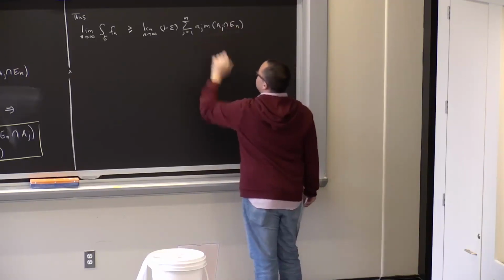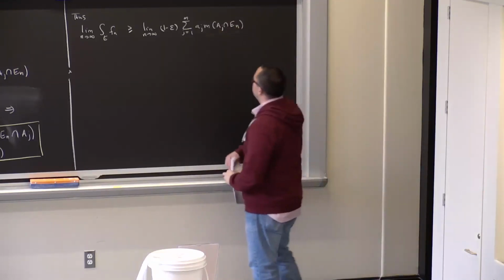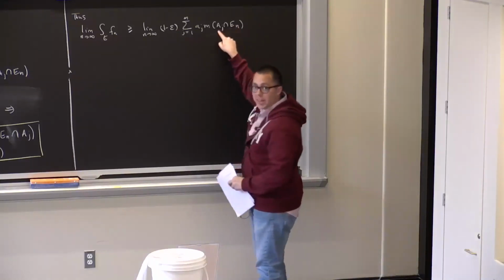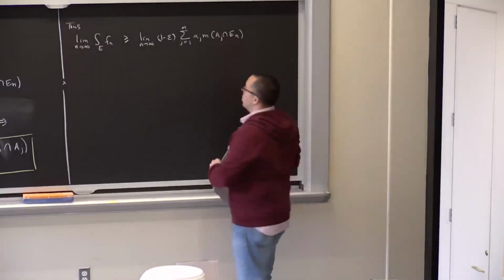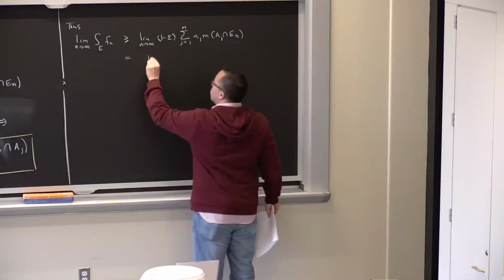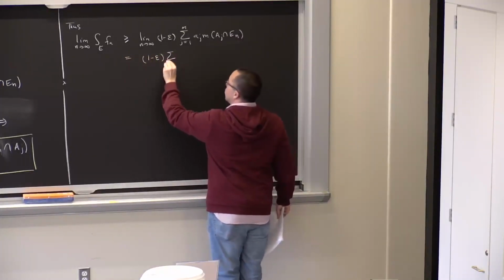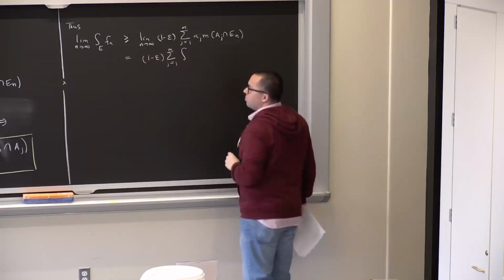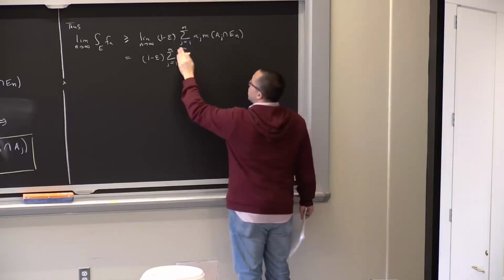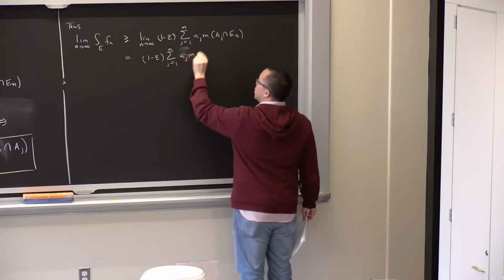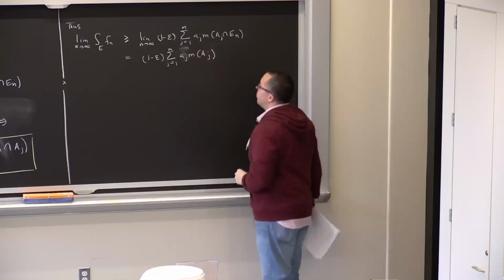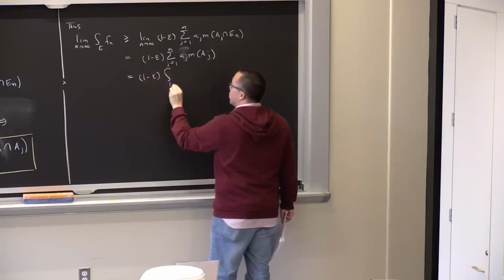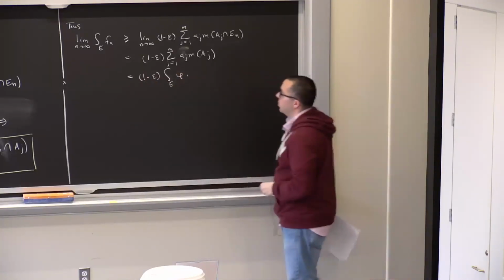Now these numbers here all converge, for each j, as n goes to infinity to the measure of a sub j. So the limit is equal to 1 minus epsilon times the sum j equals 1 to m of aj measure of aj. And this is just equal to 1 minus epsilon times, by definition, the integral of phi.